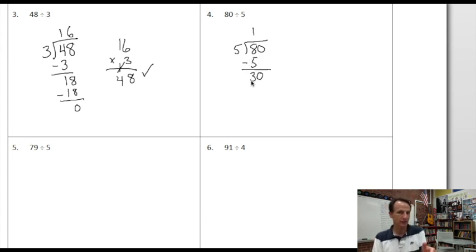Because just having the 3 boxes of 10 doesn't help me. If those boxes are sealed up, I can't do anything because I have 5 people. So I have to open up the boxes. So we're decomposing the 3 10s as 30 1s is what we're doing when we bring down the 0. Because you will hear people say, bring down the 0. But that's why. That's what we're doing.